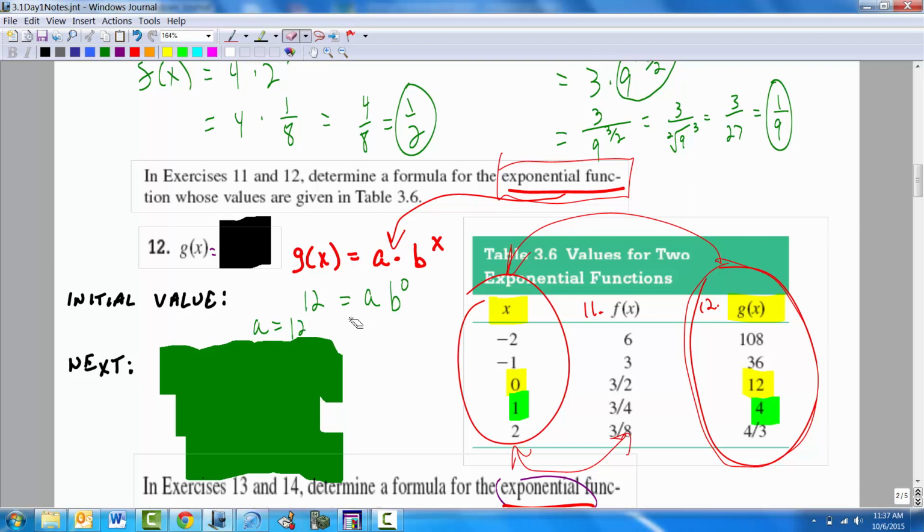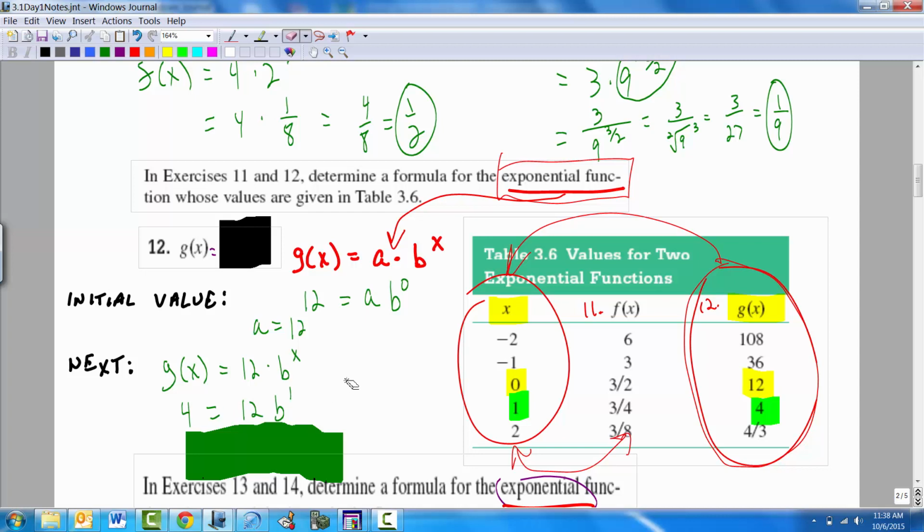Now, I don't care how hard this gets. This one's actually easy. I literally could take any of these other coordinates and plug them into my new function, replacing a with 12. But the smartest one is to plug in this one. Why? Because what goes in for x now? 1. And then what goes in for y? 4.